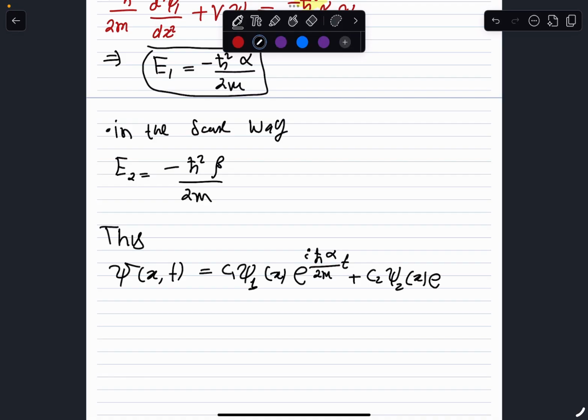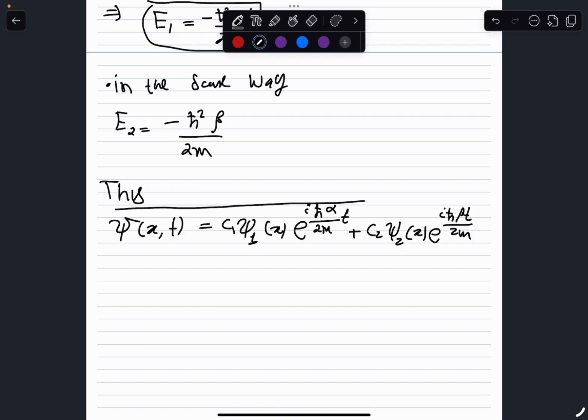In a similar way, we'll have i h bar beta t over 2m. So this is the general solution in terms of alpha and beta.